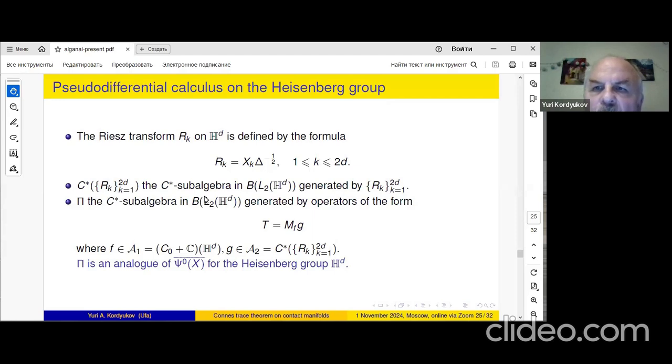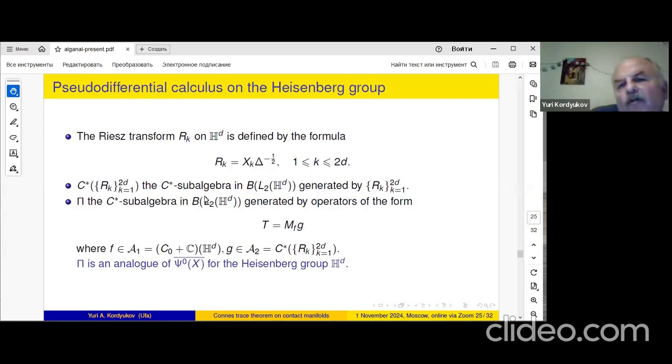Actually, C-star algebraic means that we are trying to construct not the algebra of pseudodifferential operators, but its closures, the C-star algebras, not the algebras of these classical operators without closures.